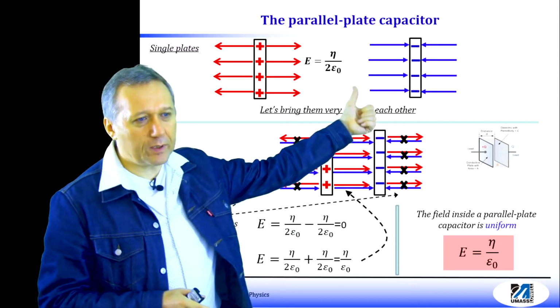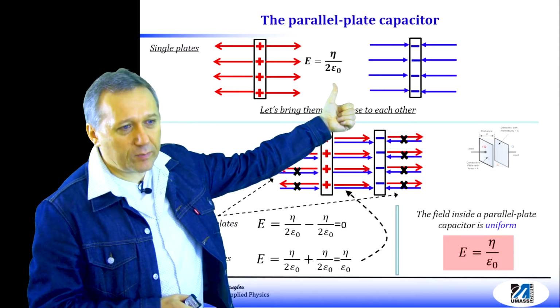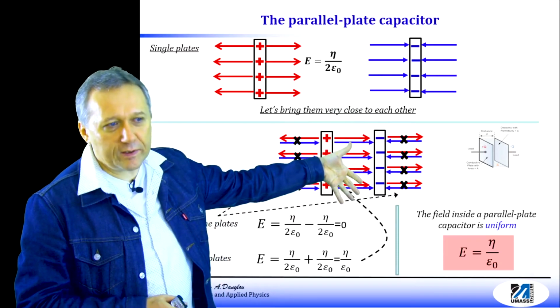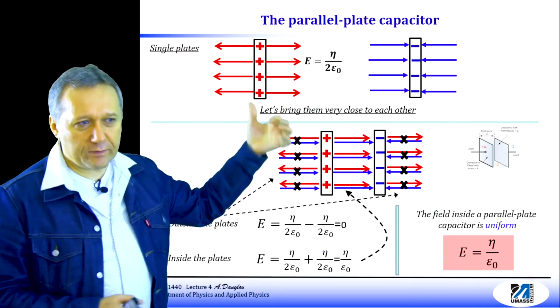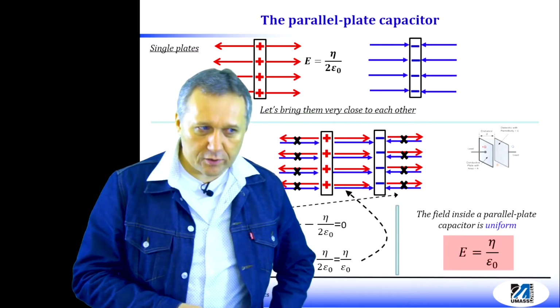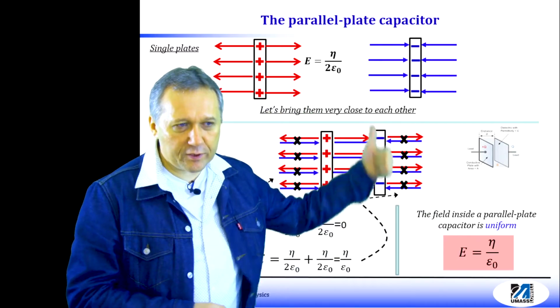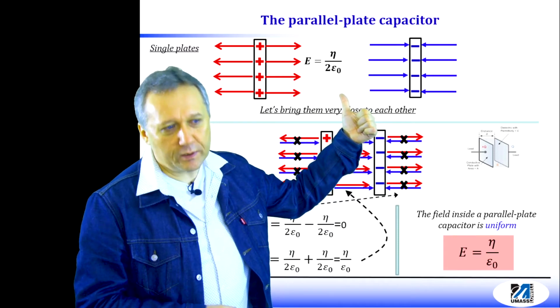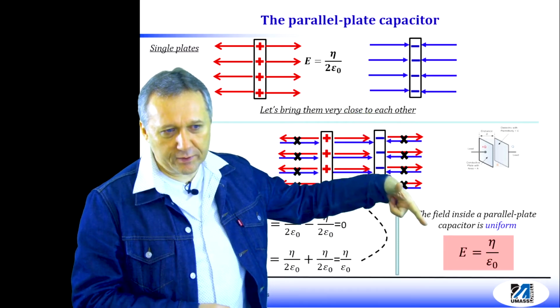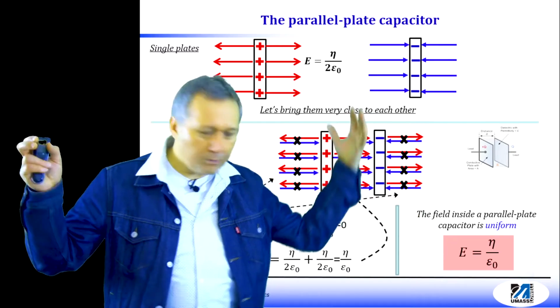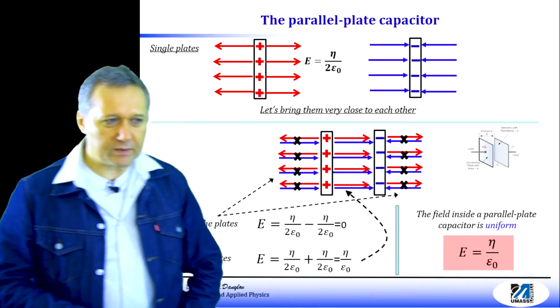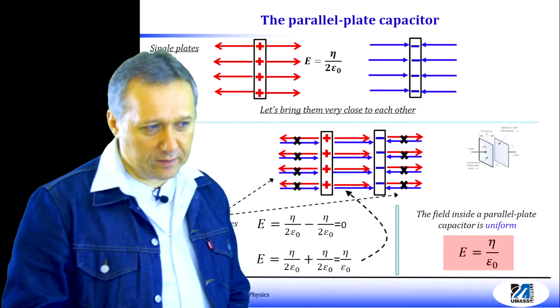They can use, for example, this formula, eta divided by 2 epsilon naught, to find the electric field inside of the capacitor, or use this formula to describe the electric field over a charged surface. Careful. The difference between them is a factor of 2 downstairs. The electric field inside of the capacitor is stronger. Silly mistake, but almost every semester some students make this mistake.